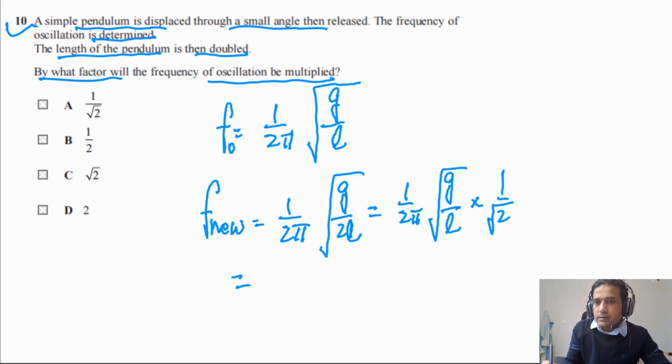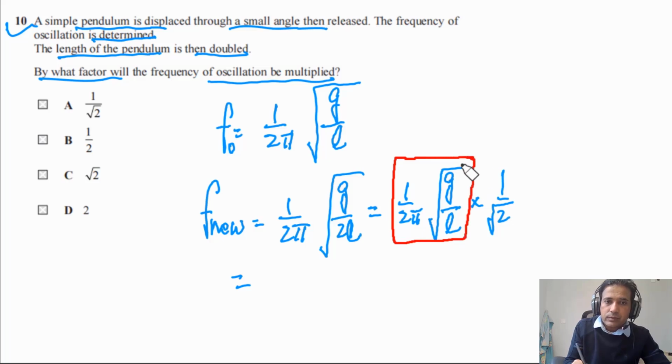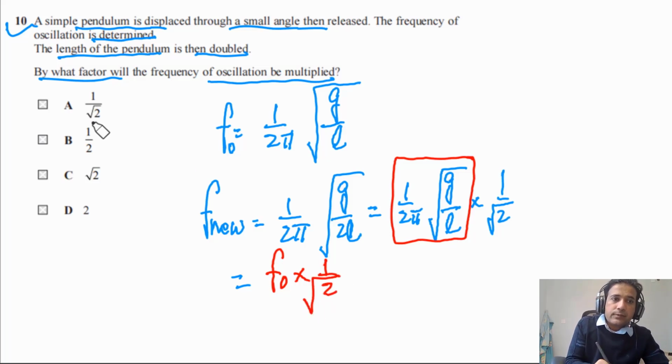Now if you look at this, you can see this part is f naught, and this will be multiplied by 1 over square root of 2. So the answer for this question has to be A.